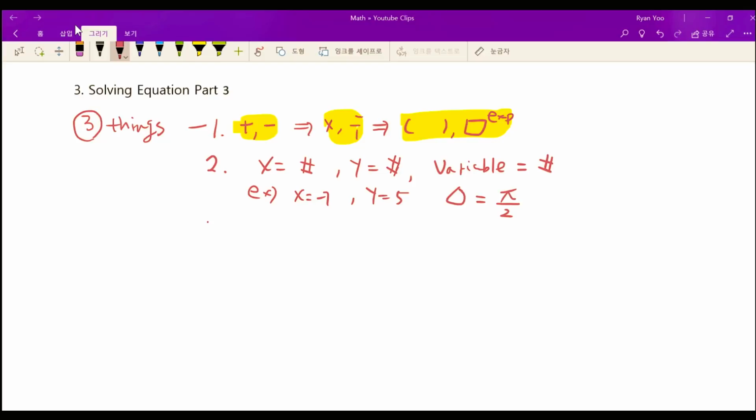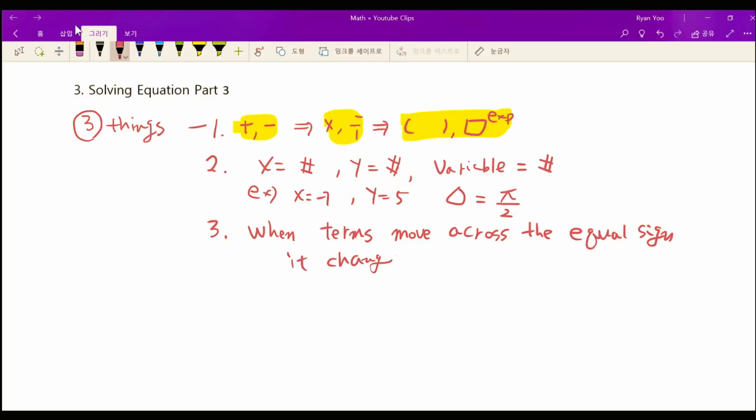And last, I'm going to write this one, and this actually helps you a lot: when terms move across the equal sign, it changes the sign.